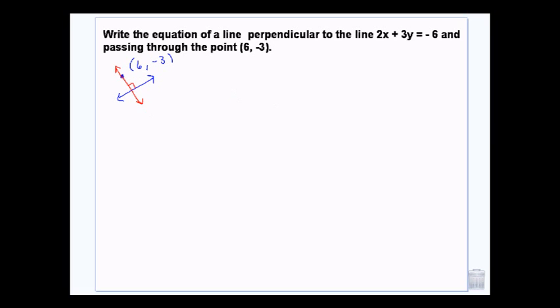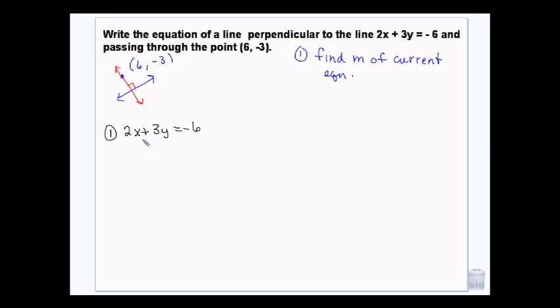Okay, so the first thing we have to do is find m of the current equation. Okay. So this is the first part. We're going to take 2x plus 3y equals negative 6. And we're going to convert it to y equals mx plus b.